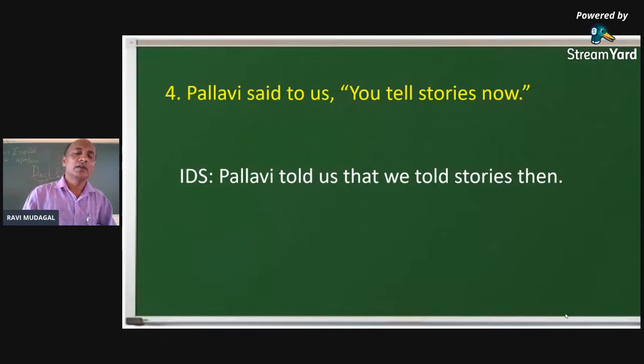Like this, we should follow and change from direct speech to indirect speech. "Said to" changed to "told," "you" to "we," "tell" to "told," and "now" to "then." These are the changes we have seen in indirect speech.